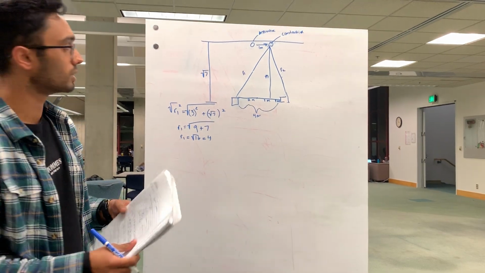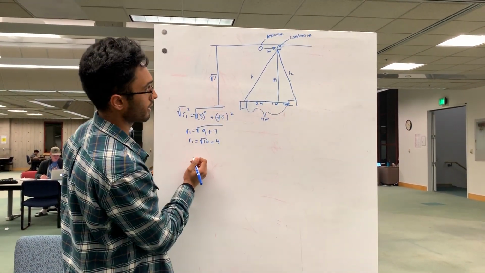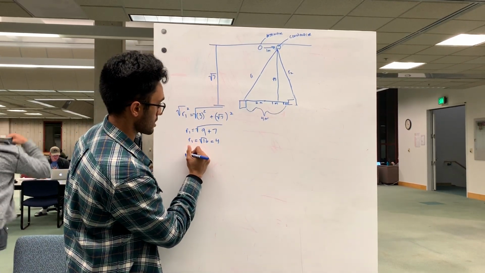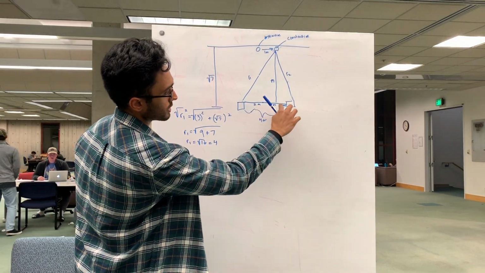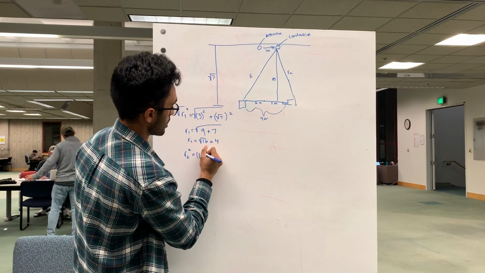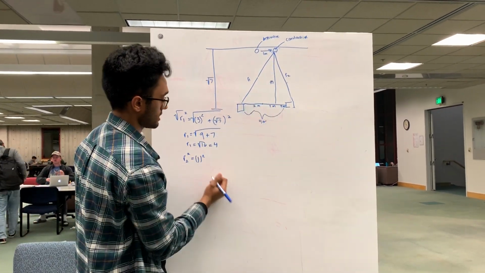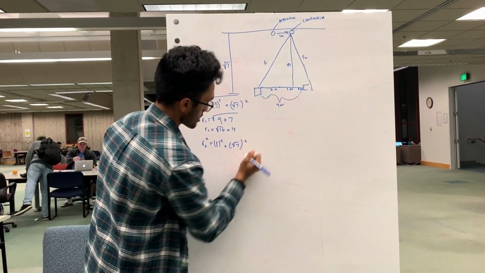Now we can get to R2. Same procedure, Pythagorean theorem. R2 squared equals, this distance to this distance is 1, so we have 1 squared plus root 7 squared.